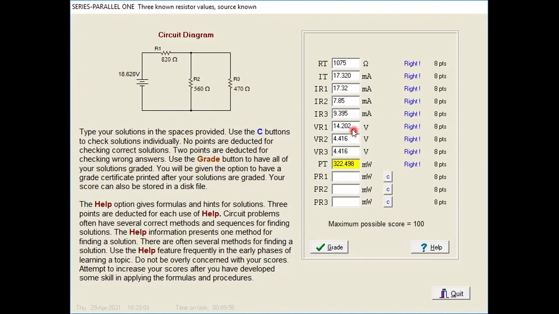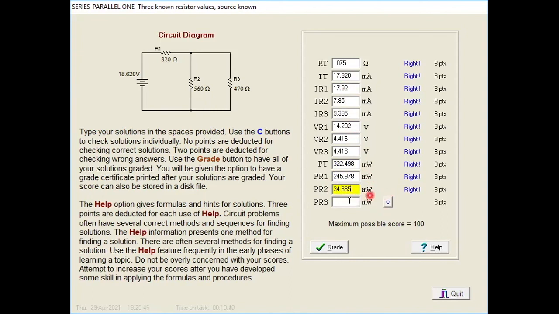PR1 is simply VR1 times IR1. And that's going to give me 245.978 milliwatts. PR2 is VR2 times IR2, and that's going to give me 34.665 milliwatts.